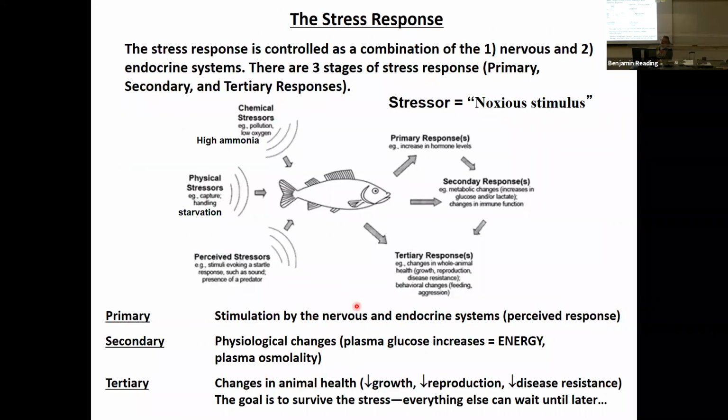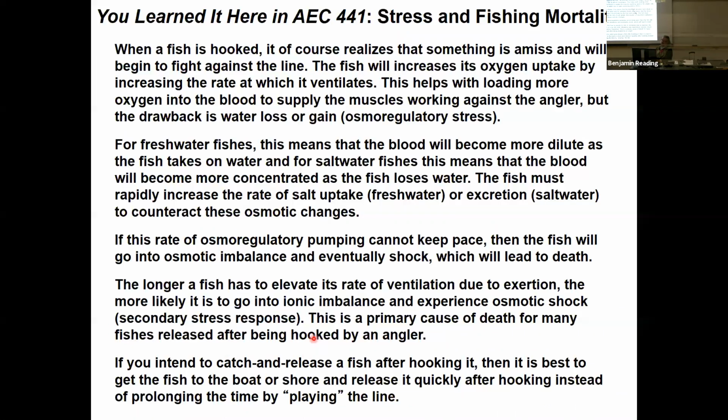Again, here, changes in plasma osmolality. This actually, I'm going to say, is the primary cause of catch and release mortality in fisheries. It is the primary cause of death. It's really osmoregulatory distress, not necessarily suffocation.